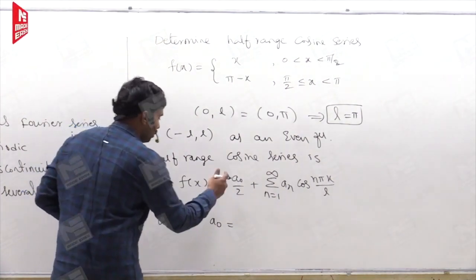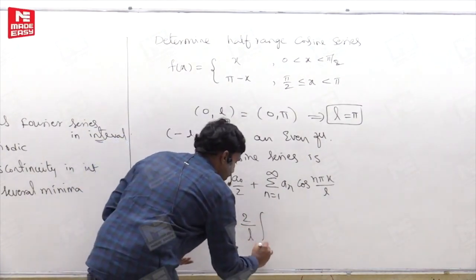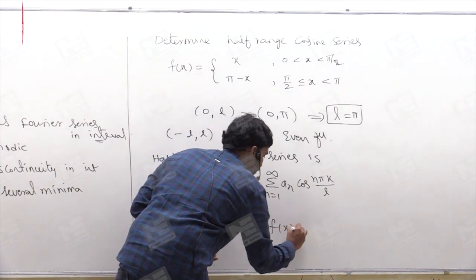So a naught is what? For the even function, we write it as 2 by L integral 0 to L f of x dx.